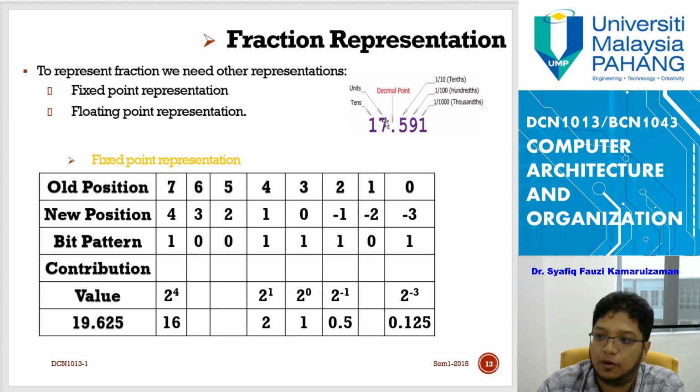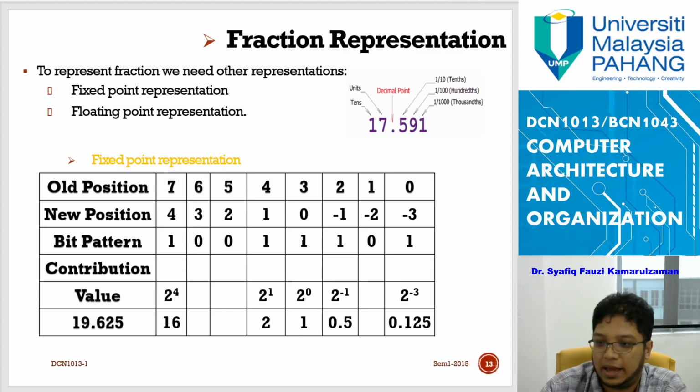In this case, if you want to convert from decimal into binary, how do I convert them? For example, we start with 2 power of negative 3 here, and then 2 power negative 1, 2 power of 0, 2 power of 1, and up until 2 power of 4. So here in this case, we convert them.